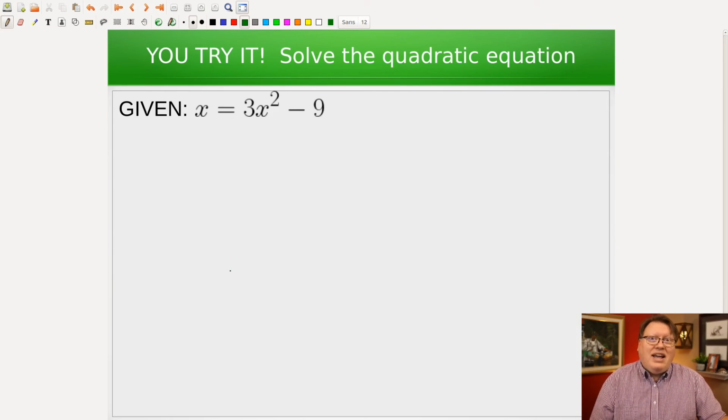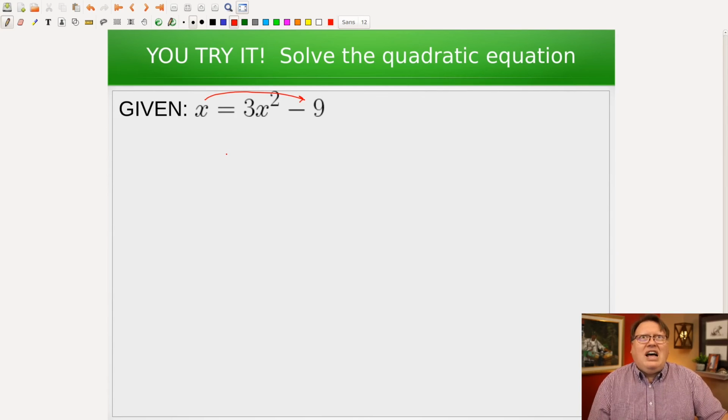All right, we're back. I hope you were successful in solving this quadratic equation. In this case, I don't want to move both terms over, so you may have done this a little differently than I am. I'm going to write in red first. I want to move this x term to the right-hand side.